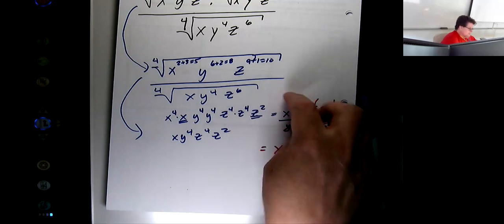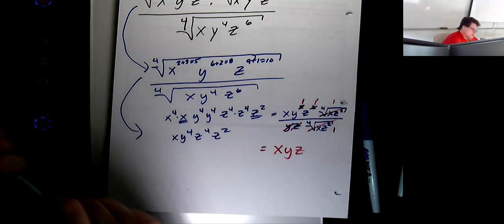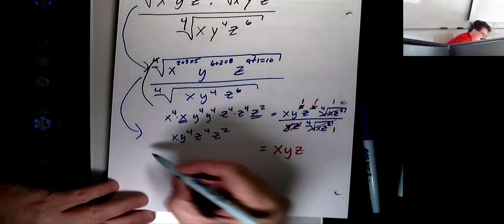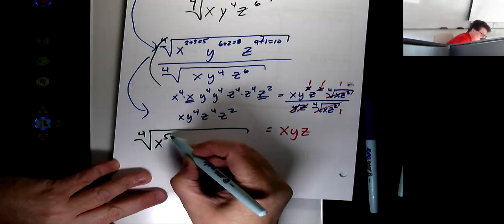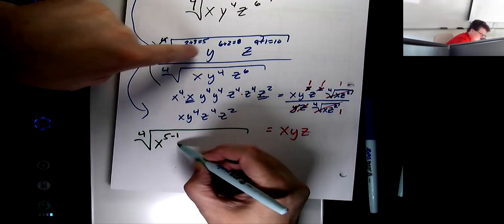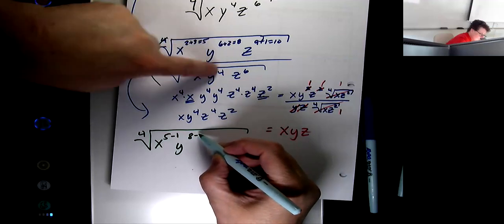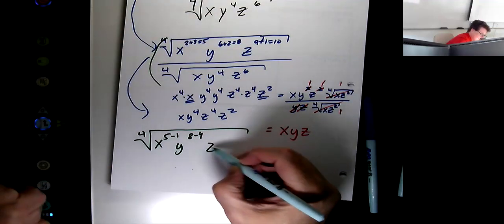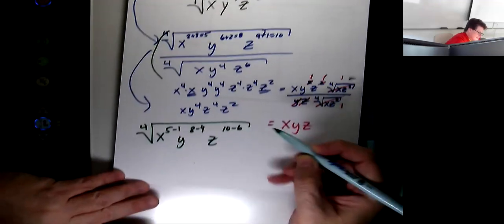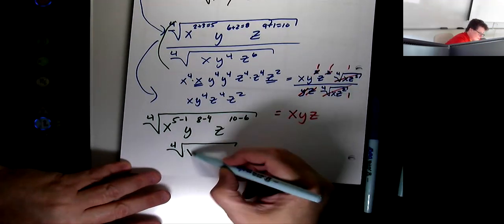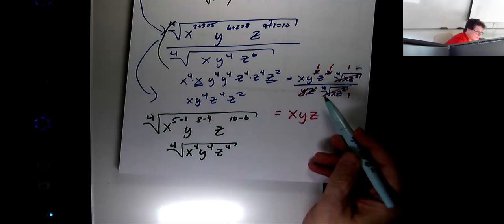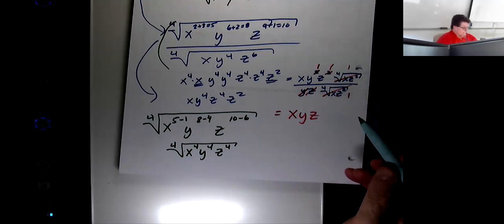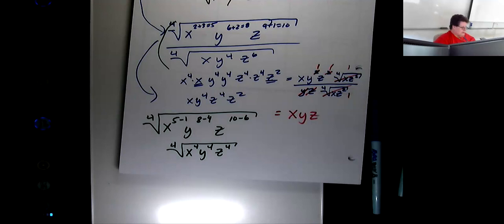Rather than jump into this step right here, you could have merged these two first and done the fourth root of x to the fifth minus one, y to the eighth minus four, and z to the tenth minus the sixth. And you would have seen the fourth root of x to the fourth, y to the fourth, z to the fourth, which might have been a little bit quicker. Yeah, that speeds things up. Yeah, I put everything under the big one first. That definitely speeds it up.